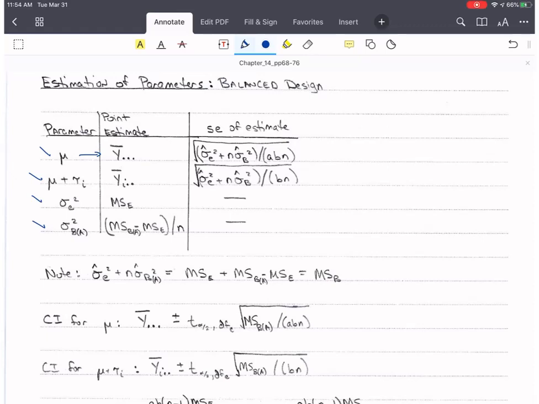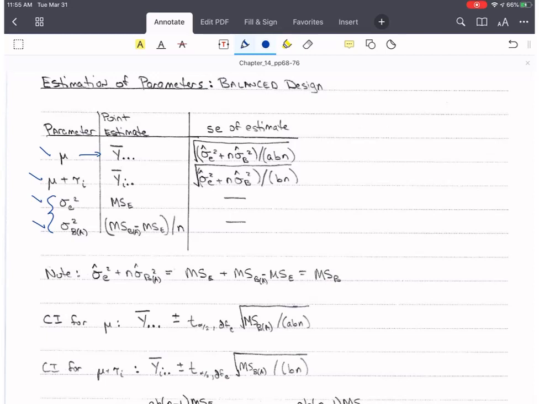We don't have standard error estimates for confidence intervals for variance components, because it uses a chi-squared distribution, which is not symmetrical. So we have to use that chi-squared formula, if you will, for confidence intervals here.